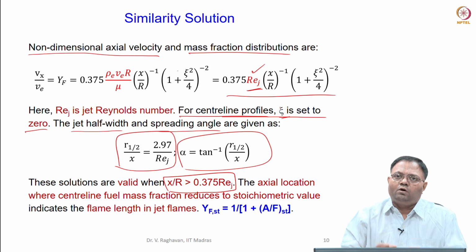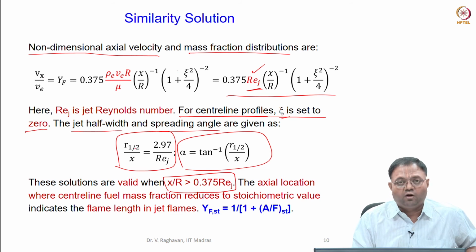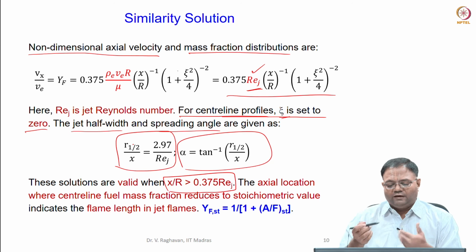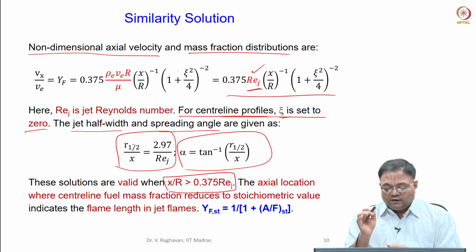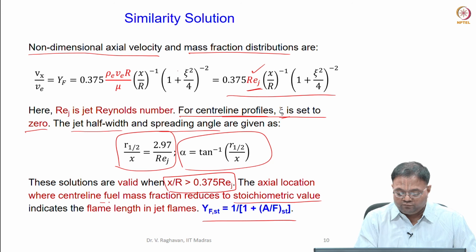When you have more momentum for the jet, then as I told you, when Reynolds number increases, r half decreases. That means the radius of the flame will decrease and so on. Exactly where the flame surface will come, you have to calculate the stoichiometric value of the fuel mass fraction.